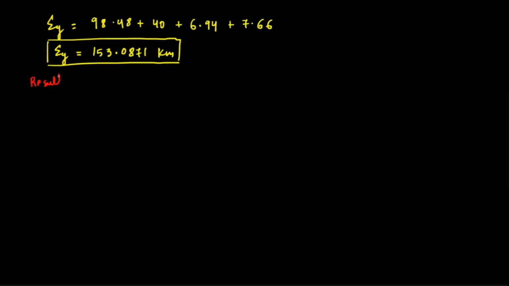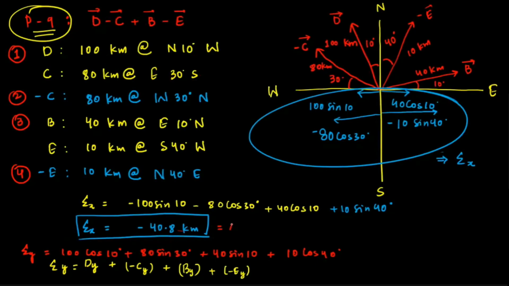So resultant is going to be R equals square root of A square plus B square. I will assume it as my B, and whatever Ex we found, we'll assume it as A, like negative 40.8.